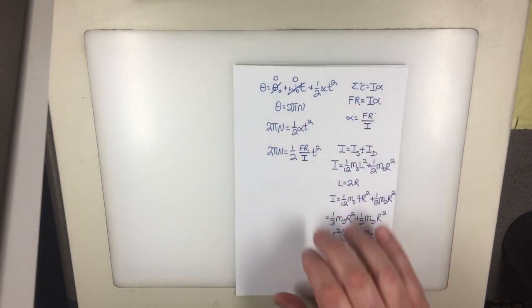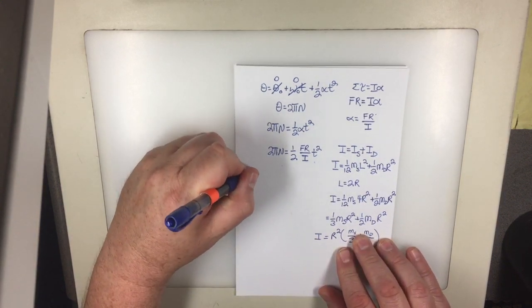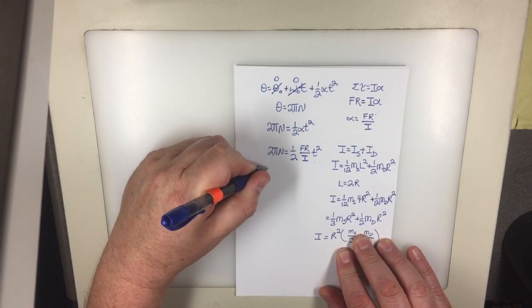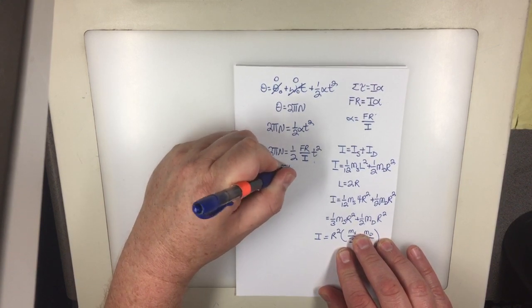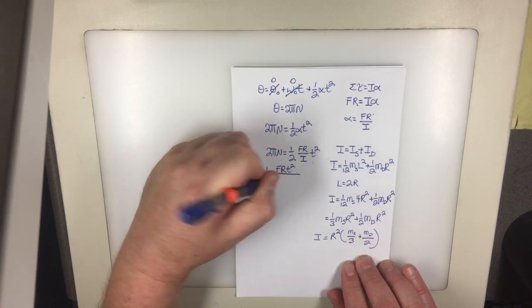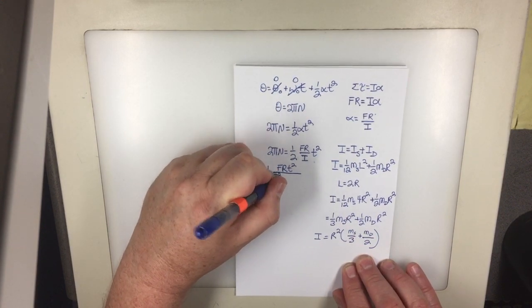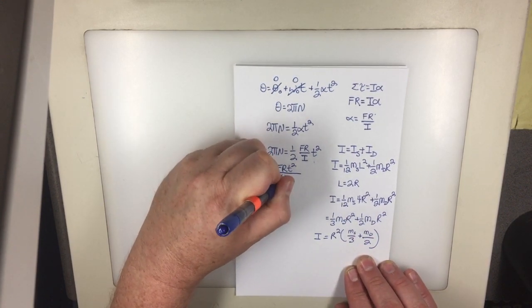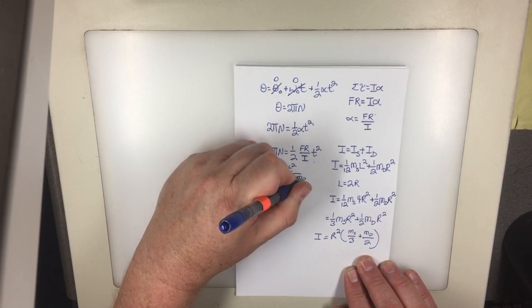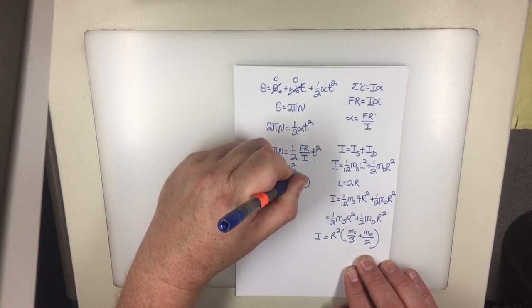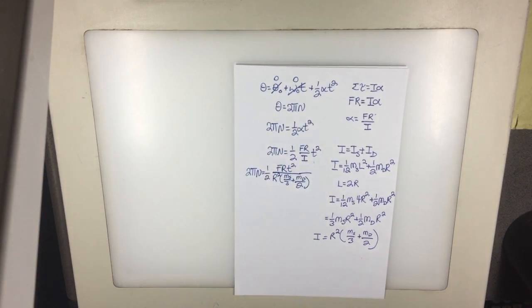Plugging that into here, 2 pi n equals 1/2 F R T squared over R squared times (m stick over 3 plus m disc over 2). I'm looking for the radius. That's the only quantity I'm looking for.